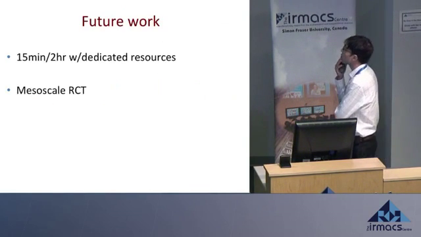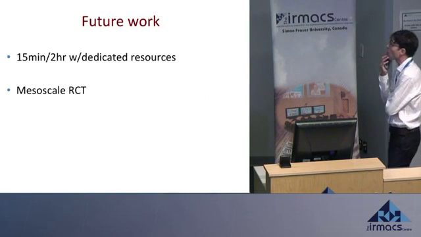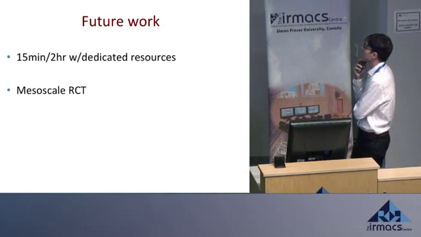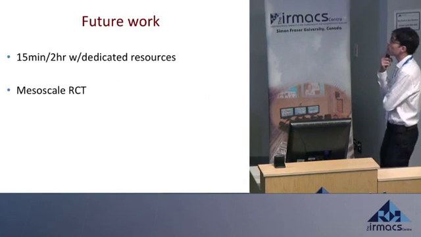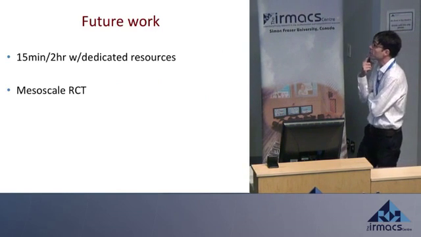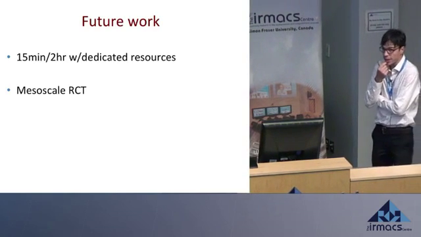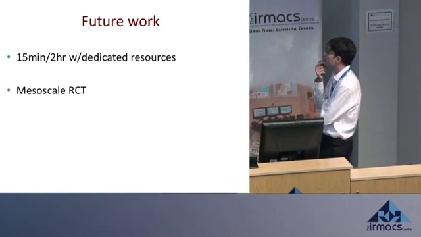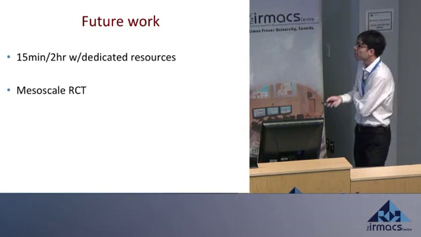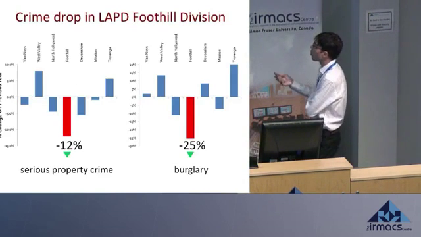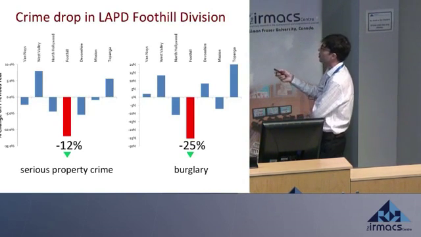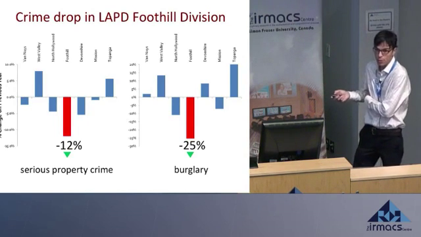So what we want to do in the future, again, is hit this Koper curve mark of 15 minutes every 2 hours. And we should be able to do this in some new divisions in Los Angeles because we're going to have some dedicated cars to do the predictive policing checks. And then, looking back at these results, it makes you want to do some kind of randomized controlled trial to reproduce these in a controlled way.